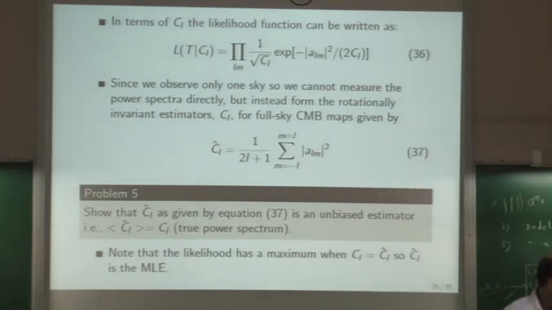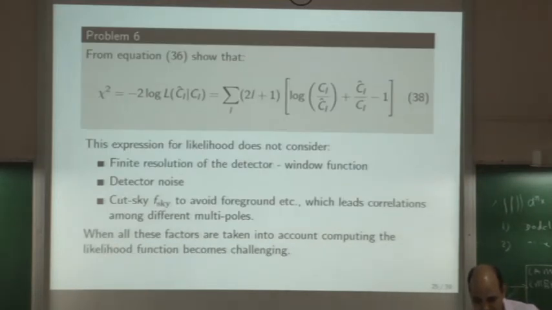Now we have one theoretical CL coming from here and one observational CL coming from here. So we can match them and try to find out which cosmological parameter set is correct. Okay. Then again you make a chi-square out of these, and as always chi-square depends on the theory as well as the observational data, and it's just an exercise.